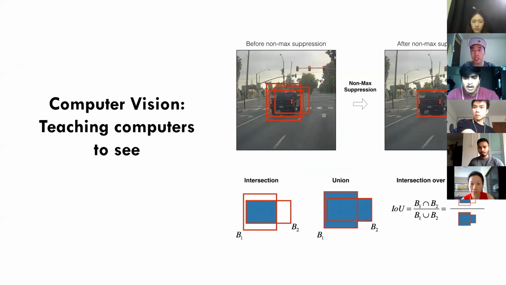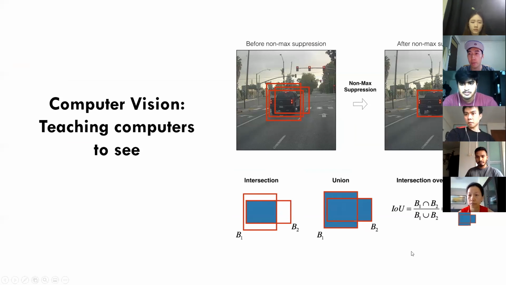Computer vision is basically a way that we teach computers to see. If you have heard of facial recognition, please raise your hand. It's all over the iPhones. Computer vision is basically a technique that allows us to identify objects like faces, like cars in this case.